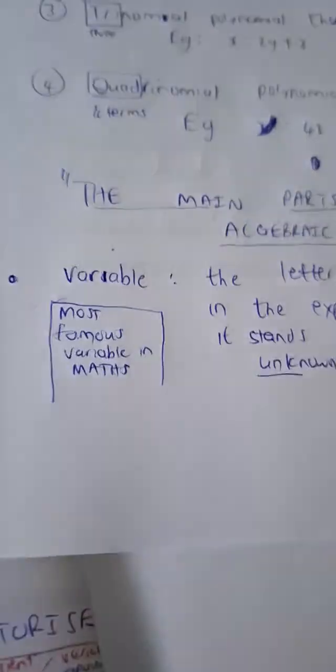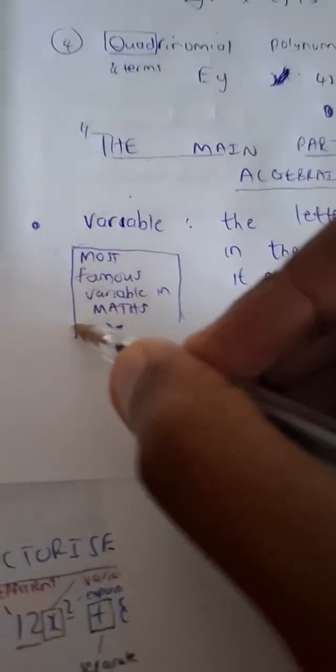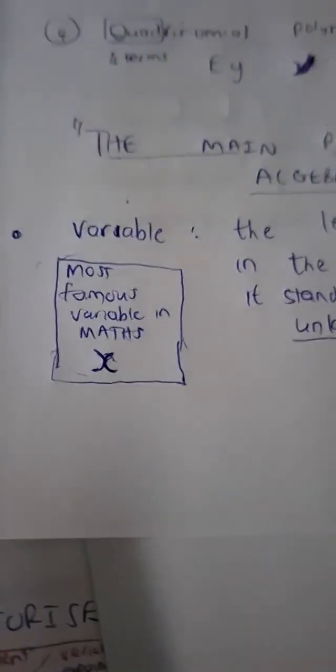And I'm sure you guys know that the most famous variable in maths, the most famous variable. What is the most famous variable in maths, guys? I'm sure by now you've seen that, hey, that variable, they love using it. Grade 10s, 11s, and 12s will know that this one is famous. If X was a celebrity, it would be Beyonce, all right, or Jay-Z. Okay, it is the most famous variable in the world. If we were to check out the net worth of this variable, I'm sure its net worth is in the billions, the trillions, all right?